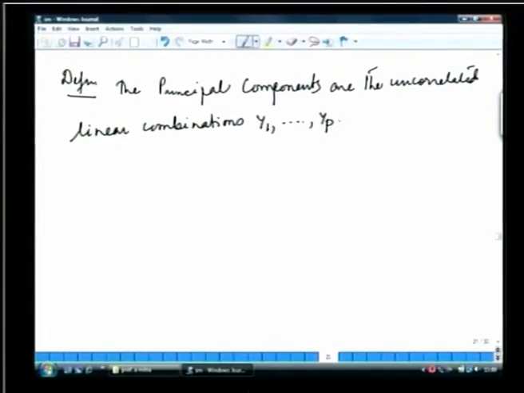Initially we say that there are p such linear combinations, p being the number of data variables that we have originally. So, linear combinations y1, y2 to yp whose variances are in decreasing order.